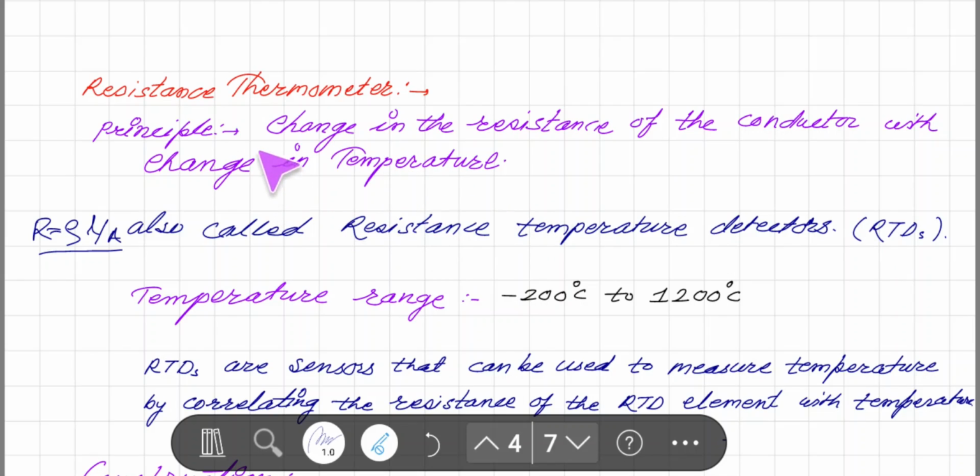Now these resistance thermometers are also called resistance temperature detectors, that is RTDs, and these thermometers are generally used in the range of minus 200 degrees Celsius to 1200 degrees Celsius.